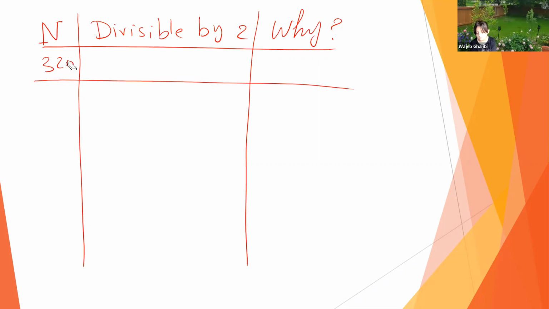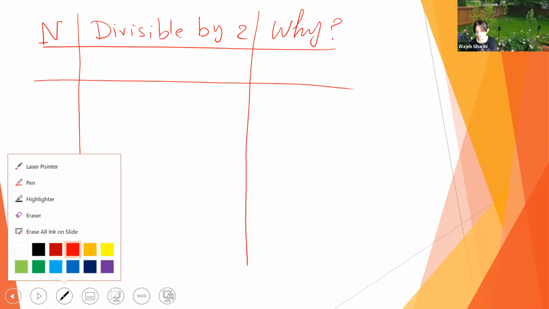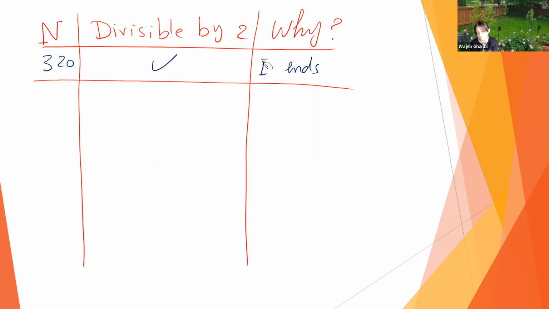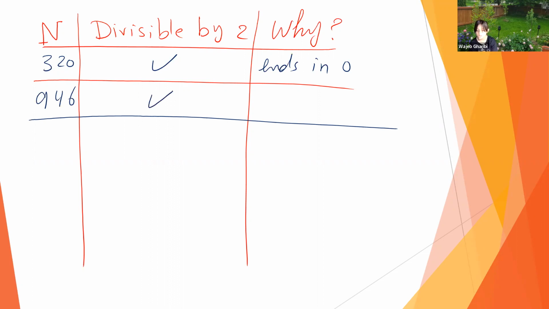Is 320 divisible by 2? Yes, because it ends in 0. How about 946? 946 is divisible by 2 because it ends in a 6. How about 71?